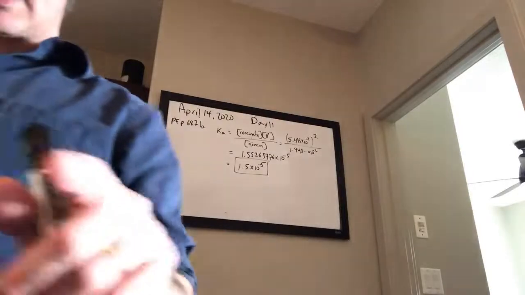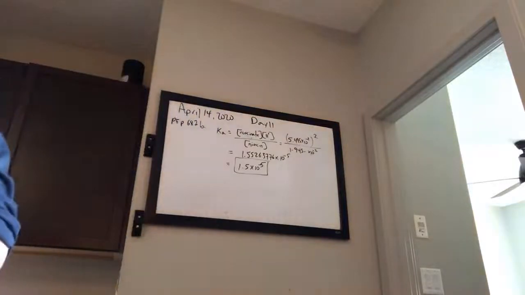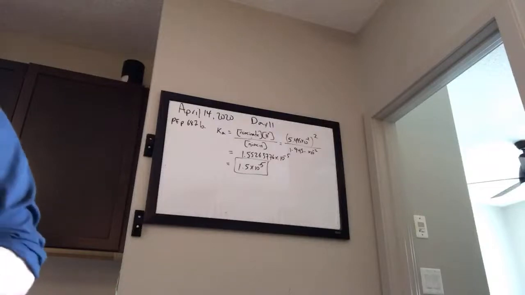Anyway, I'm going to do the practice example on page 689. So it says the Ka for niacin is 1.5 times 10 to the minus 5. What is the pH of a 0.01 molar solution?